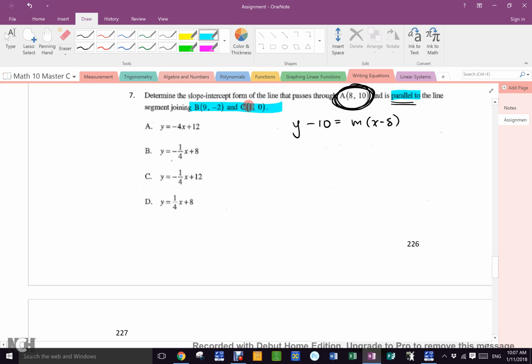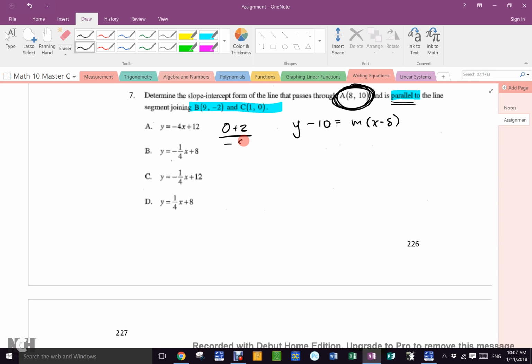All I do is find that guy's slope, right? What is it? What's 0 minus 2? 0 minus negative 2 is plus 2 over what's 1 minus 9? Negative 8. So that's negative 2/8, which is what really?